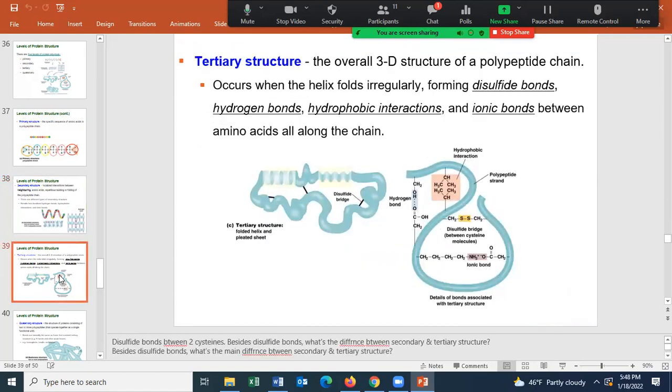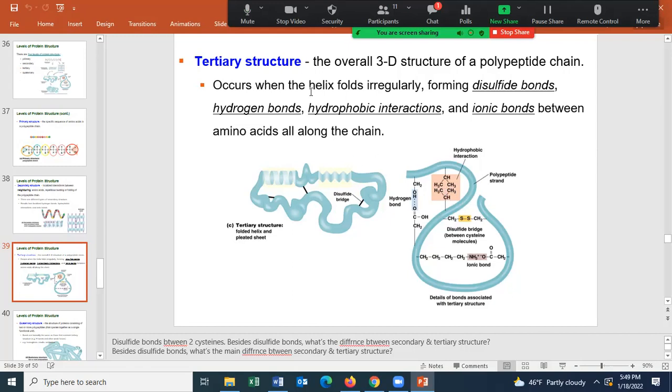And the tertiary structure, we have amino acids interacting with other amino acids, but they can happen all over the protein. Like in this interaction here, we have an amino acid near the end of the protein chain interacting with an amino acid at the beginning of the protein chain.